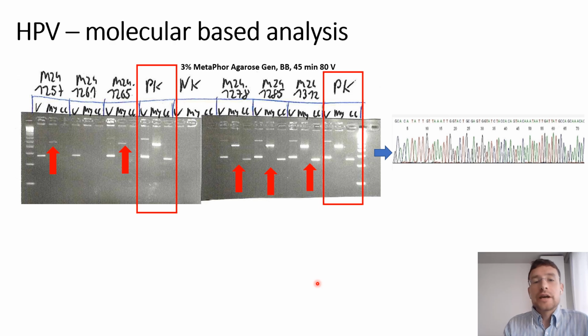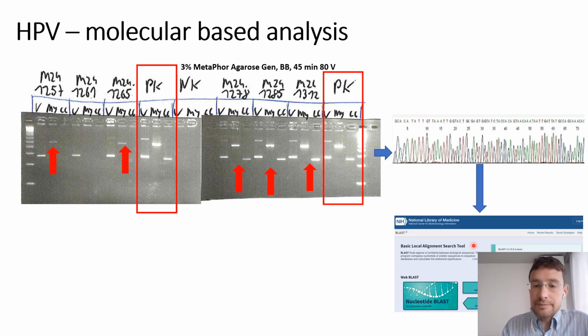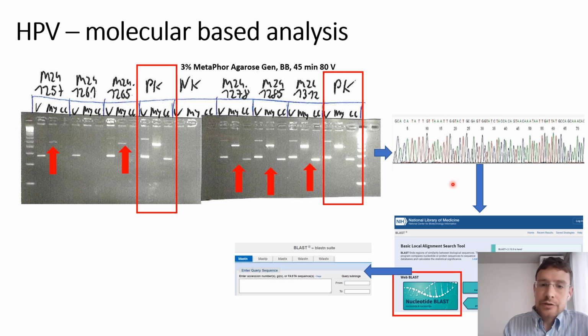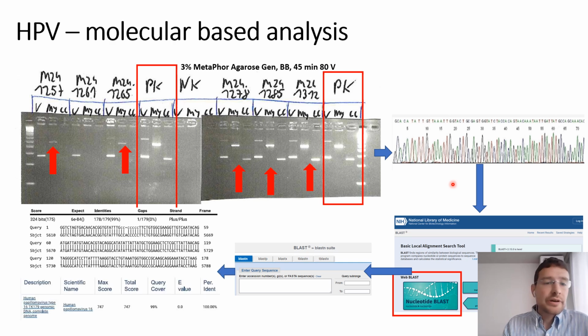So you can sequence this DNA, and you put your sequence that you obtain through Sanger sequencing in this tool, BLAST, basic local alignment search tool. You just give your nucleotide sequence, and BLAST contains genomes of many microorganisms, including viruses, bacteria, etc., and performs a matching of this sequence with your sample.